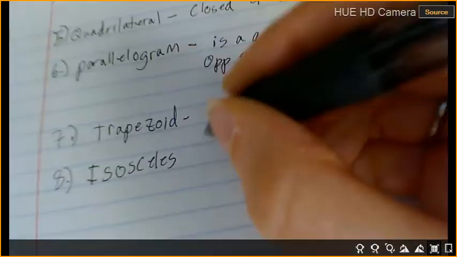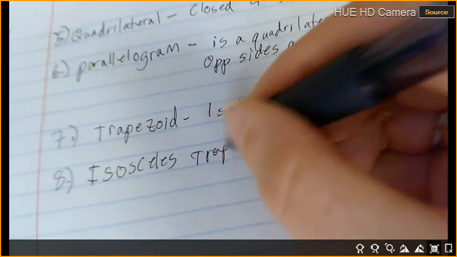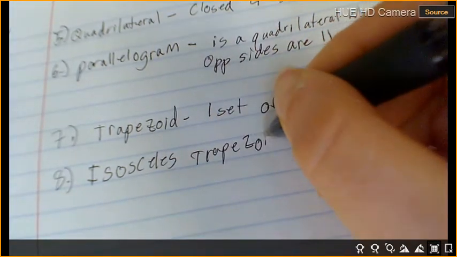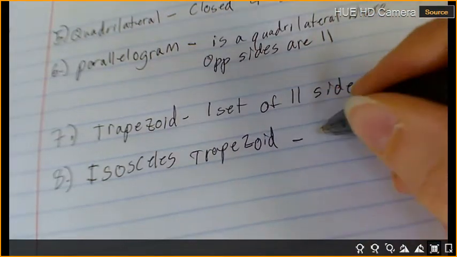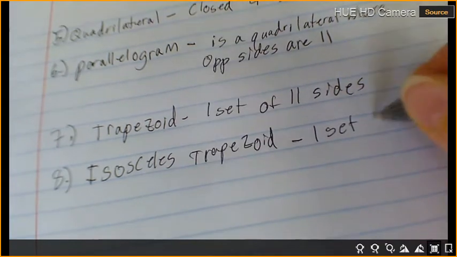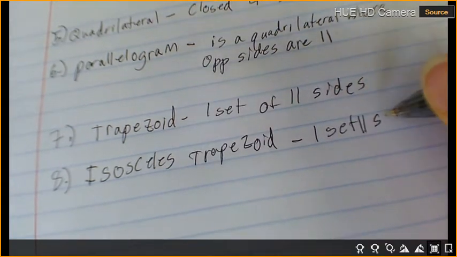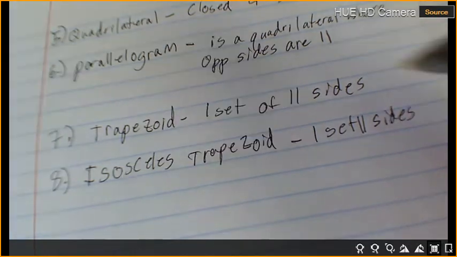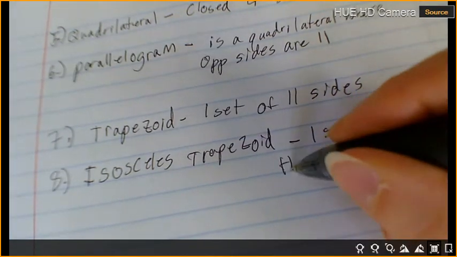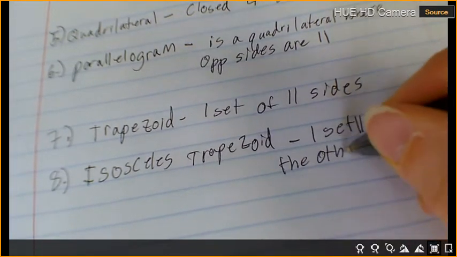An isosceles trapezoid. How is an isosceles trapezoid different than a regular trapezoid? It has still one set of parallel sides, and the other sides, not the parallel ones, are equal.